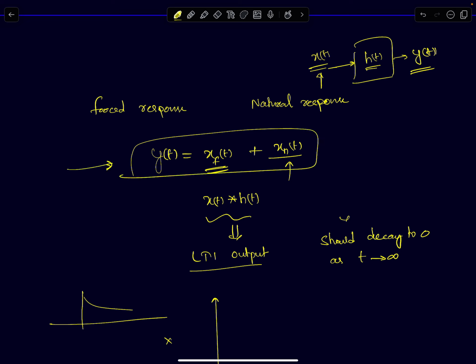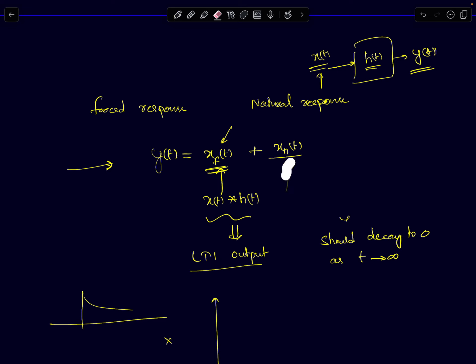One component depends on the input to the differential equation, x of t, where y of t is the output. That is what we call the forced response. The other one depends upon the characteristics of the system, generally on its poles and zeros. This is what we call the natural response.